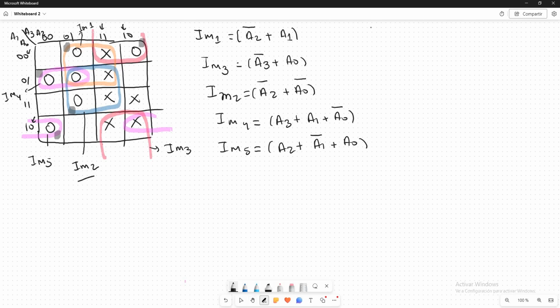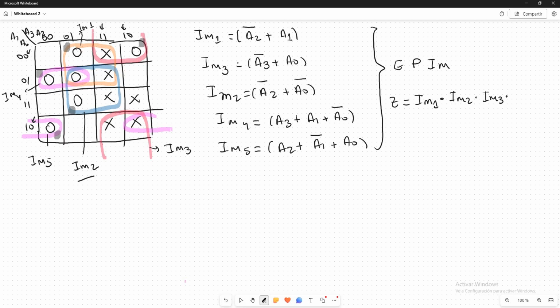So all of them are essential prime implicates. The minimal product is going to be that formed by the product of all of them. So this is the minimal product.